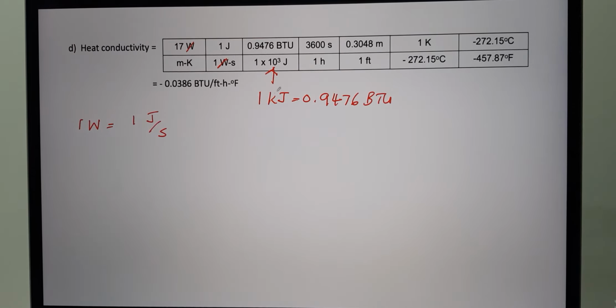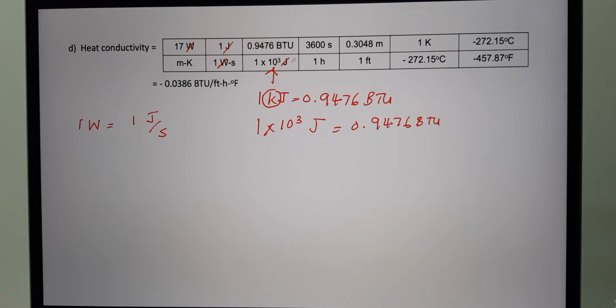Because kilo is equivalent to 10 to the power of 3, I take out this kilo to become 1 times 10 to the power of 3 joule equals 0.9476 BTU. Clear? That is where I get this 10 to the power of 3. Then joule and joule can be cancelled out.